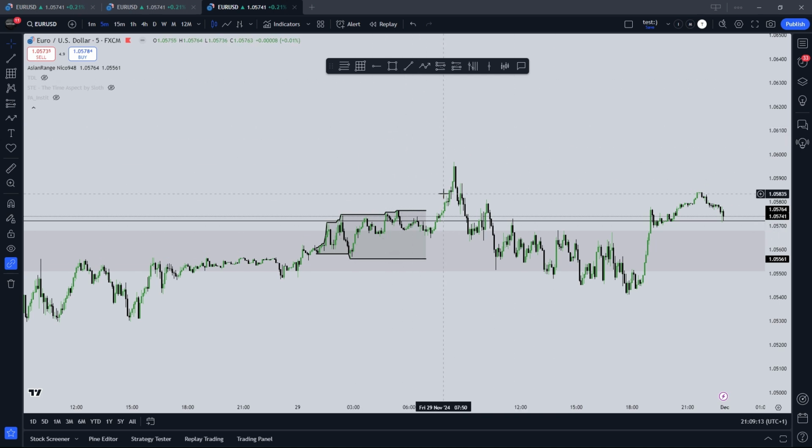You have a London range, which extends from 9 o'clock, so it starts at 9 o'clock and ends at 13:00. After 13:00, not 13:05 but for example half an hour later, the high and low created by 13:00 become time-based liquidity.